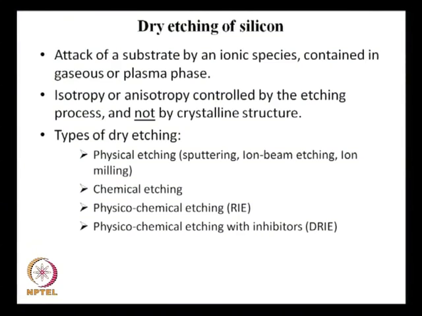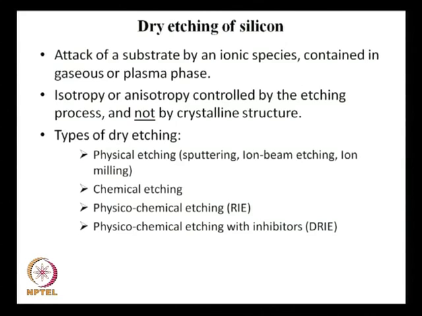Third one is physico-chemical etching. This also goes by the name reactive ion etching, in short form RIE, and the fourth one is physico-chemical etching with inhibitors, which goes by the name deep reactive ion etching, DRIE. Now, let us focus first on what the physical etching is.